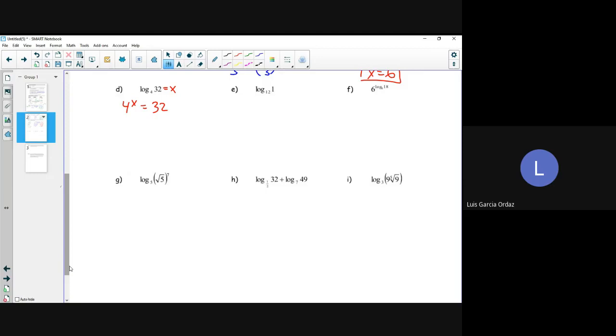Four to the power of any exponent is not going to give you 32. But what base and what exponent is going to give you a value of 32?